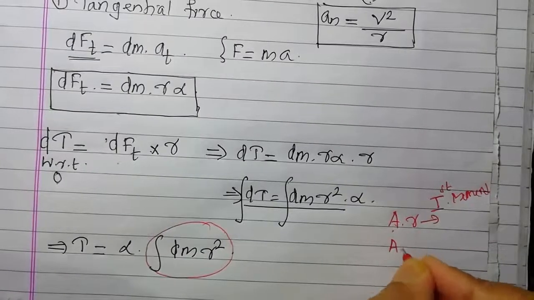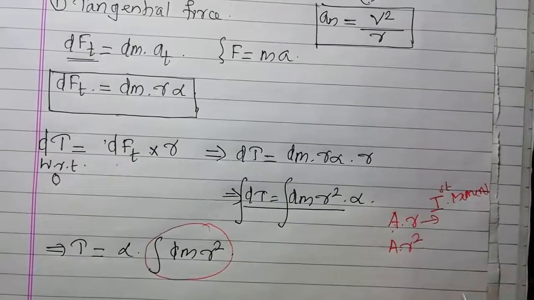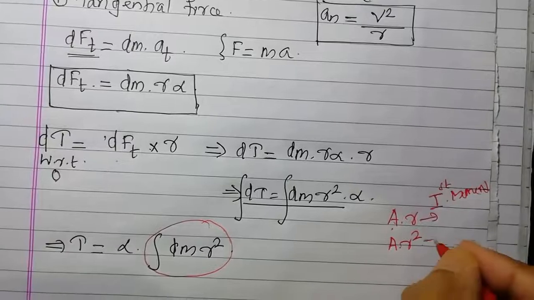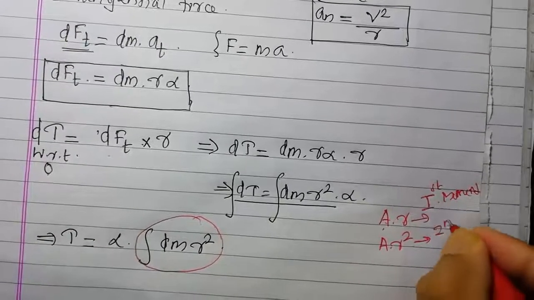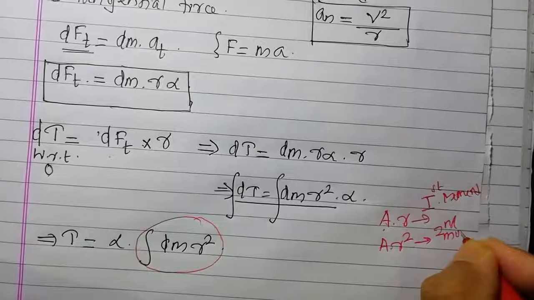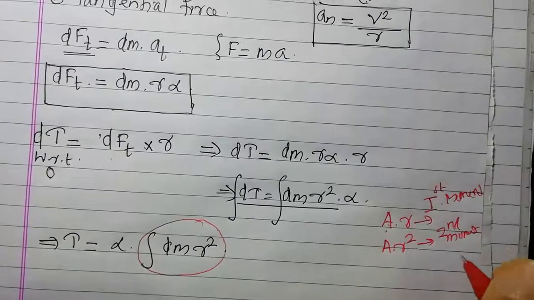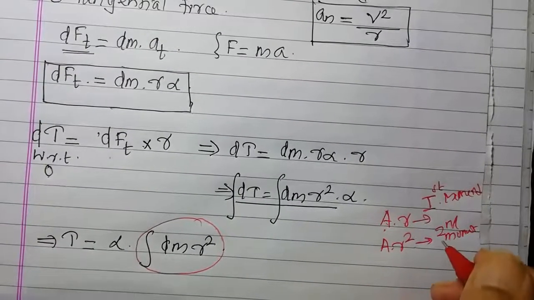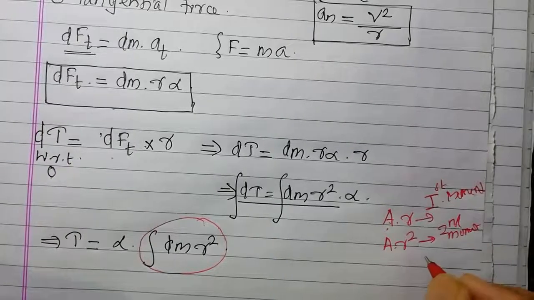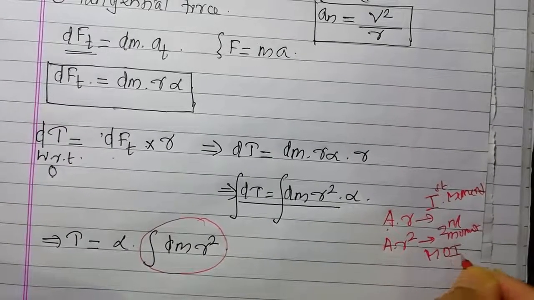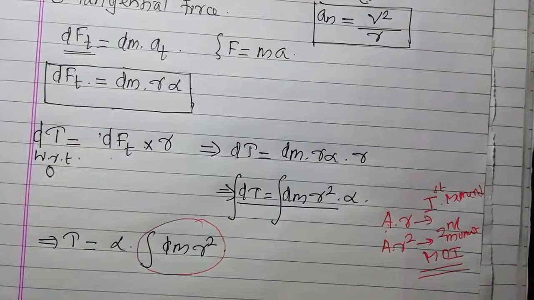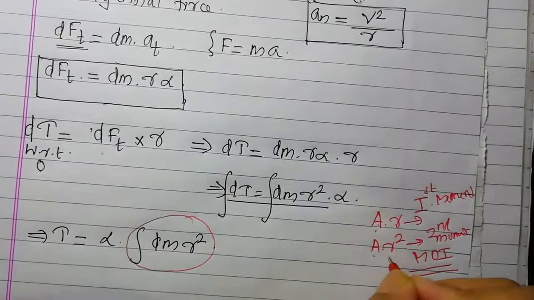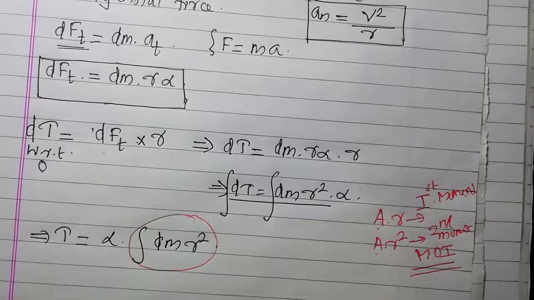Then again, if we multiply that quantity by the distance, that is A into r square, it is known as the second moment of that quantity, second moment of area. If it is mass, it is the second moment of mass, also known as moment of inertia. So any quantity into the square of the perpendicular distance will give moment of inertia.